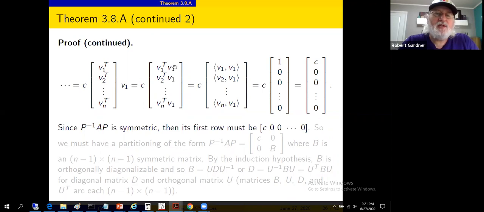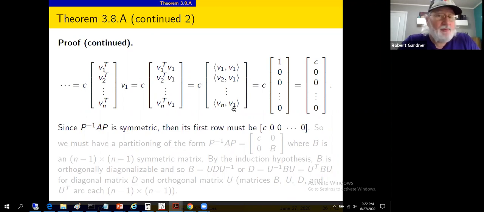And we get V1 transpose V1, V2 transpose V1, and so on. When you get a transpose on the first one and not the second one, and we're dealing with column vectors, which by standard convention we are, these are just inner products. So we've got the inner product of V1 with V1, the inner product of V2 with V1, the inner product of V sub n with V1.